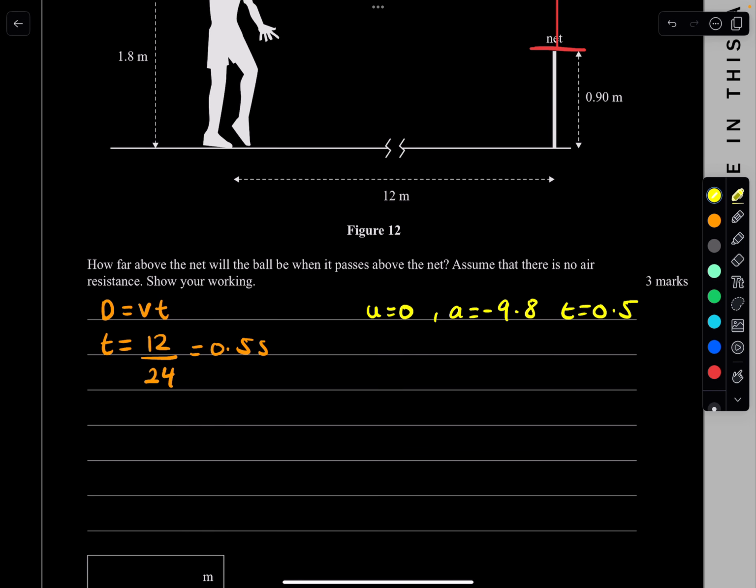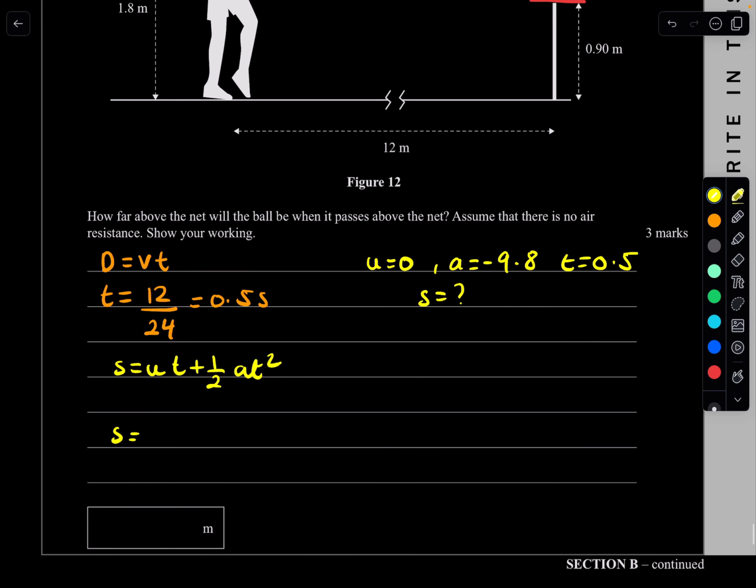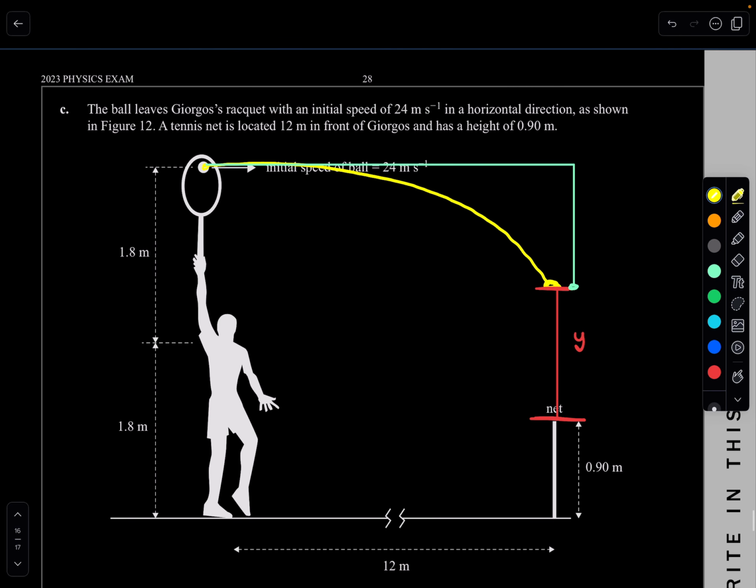So your S is what? S is equal to ut plus half a t squared. So S is half times negative 9.8 times t squared, which is 0.5 squared, which is negative 1.225 meters. It makes sense why it's negative, because it's going down.